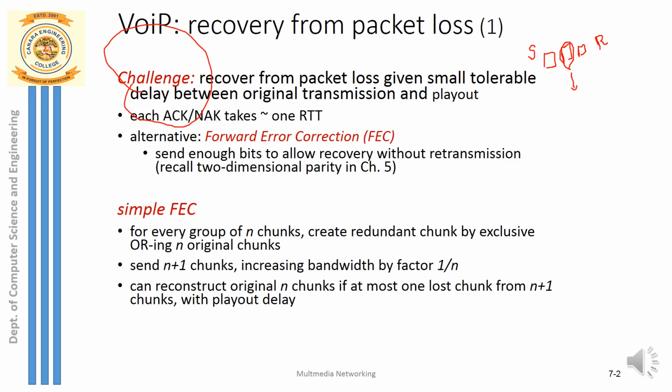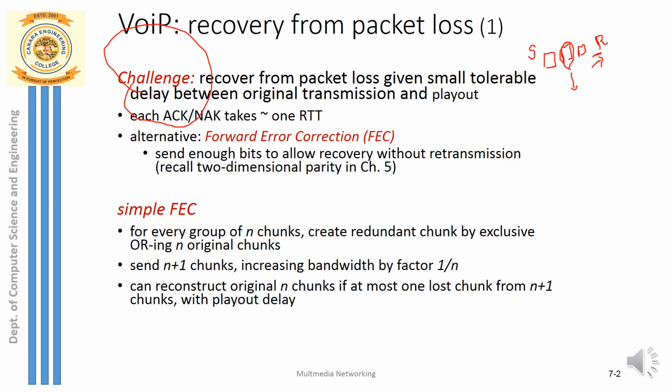When one portion of the audio is lost, there should be some scheme at the receiving end to recover from this packet loss. That recovery should be such that the received audio stream is maximally tolerable to the receiver.